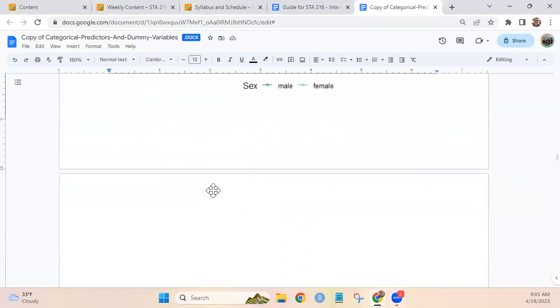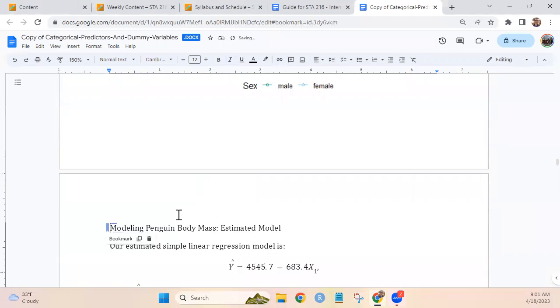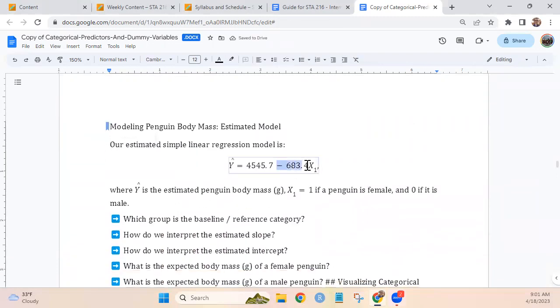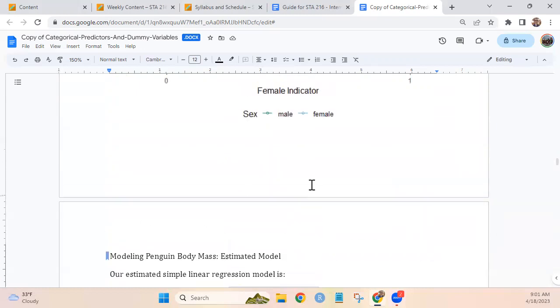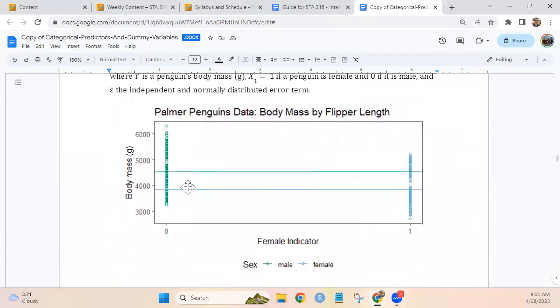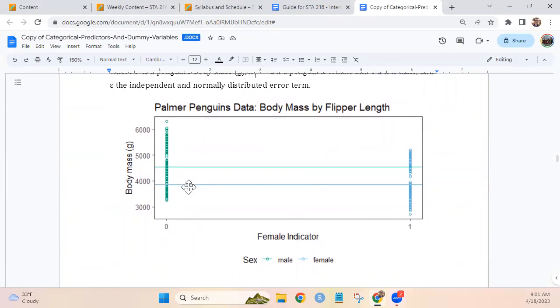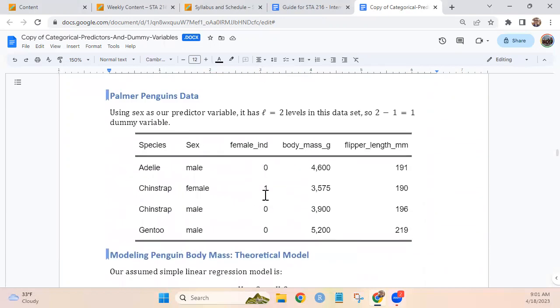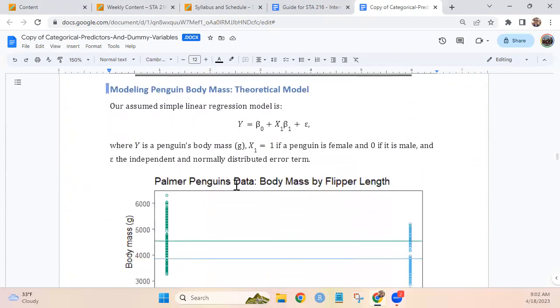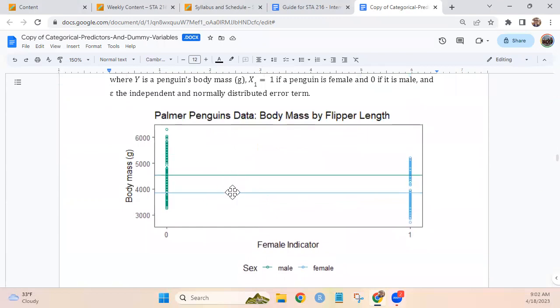That is given right here by the slope that shows up for the indicator variable. This difference is 683. So by using a dummy variable, acting like it's a quantitative predictor, and getting the slope for it, that's how it shows up graphically when you just have two categories. It's the difference in the heights of the averages between the groups.